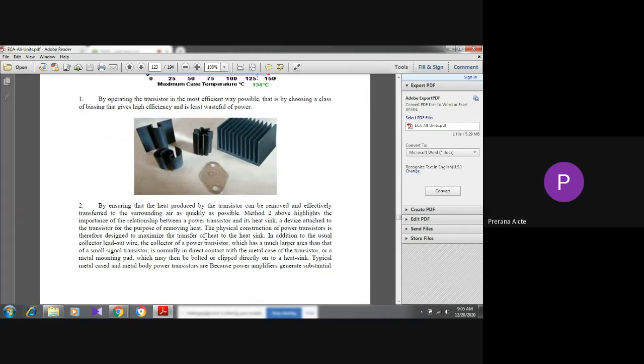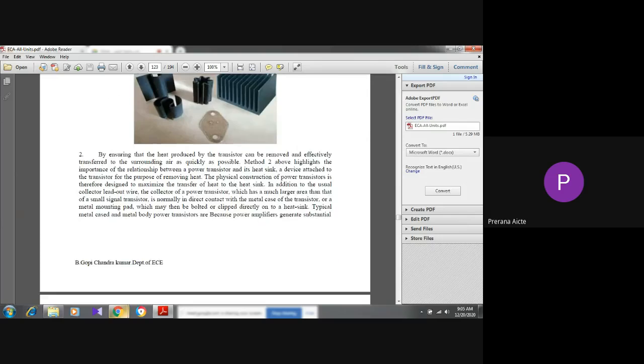The heat sink is mainly used to absorb the heat. The physical design of a power transistor is therefore made to maximize the transfer of heat to the heat sink. In addition to the usual layout, the collector of a power transistor has a much larger area than a small signal transistor. So these are the images.